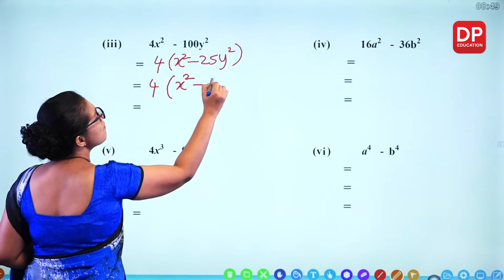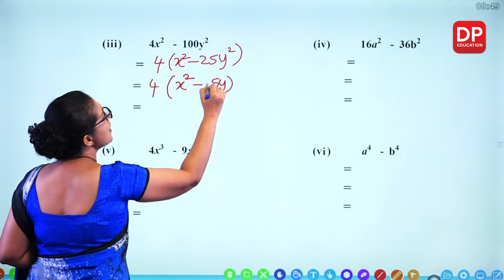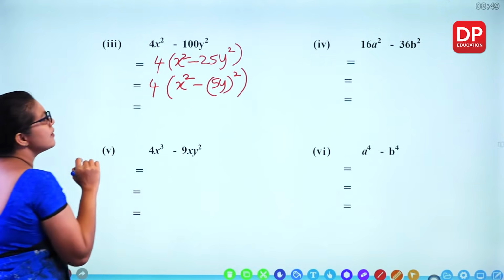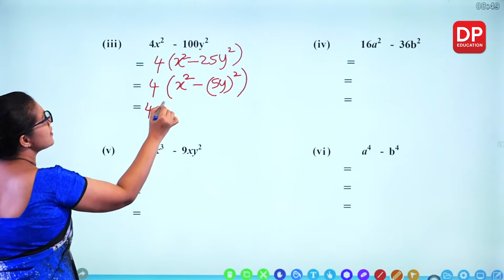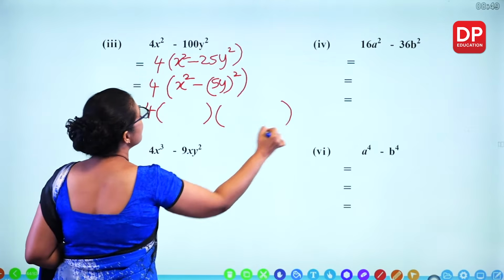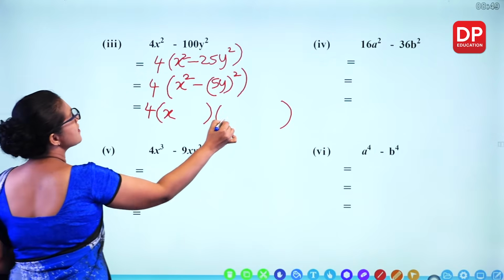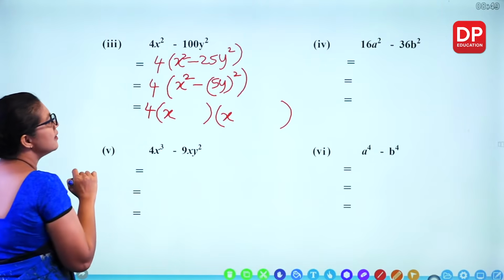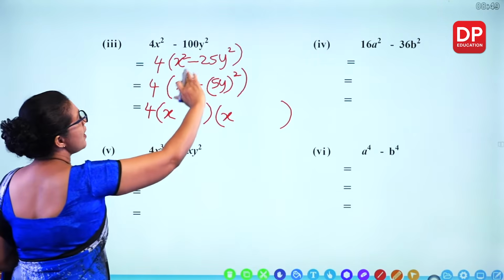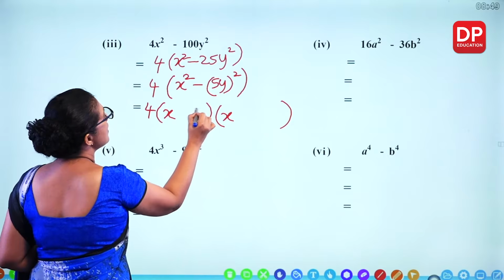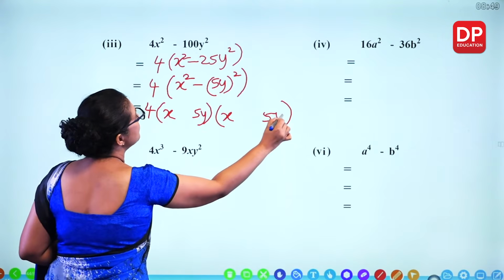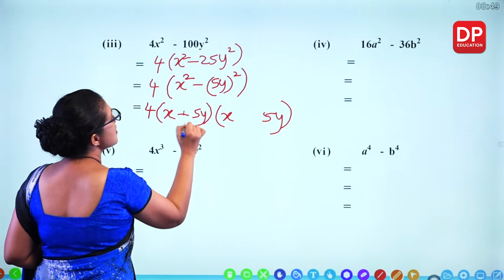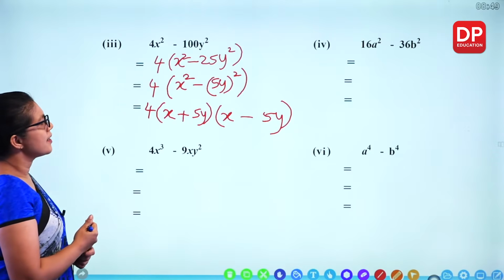So 25, 5 into 5. So 5y whole thing squared. Now write down the factors. X is the term there. Don't take the square term. 5y is the other term. Then this is plus and this is negative.